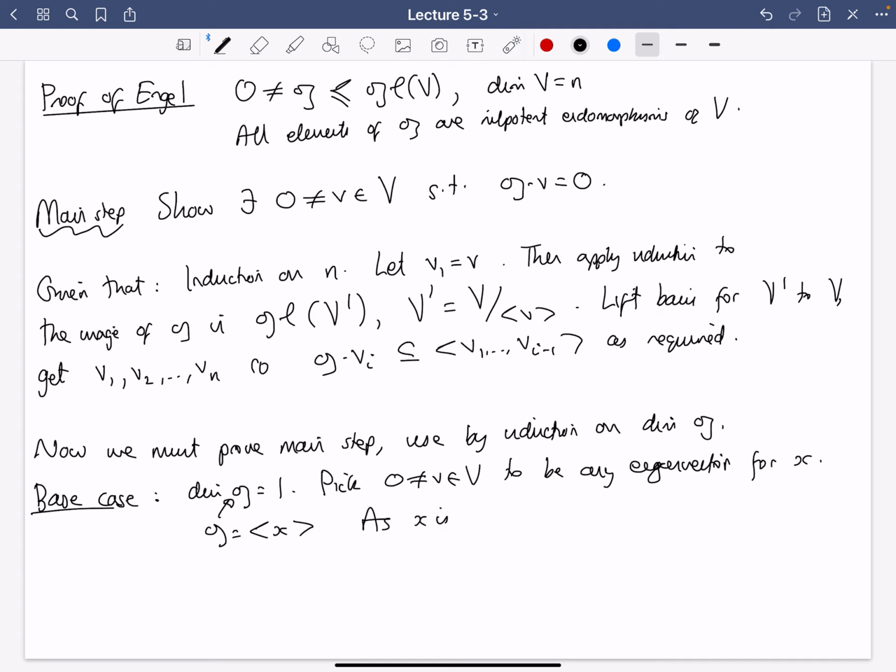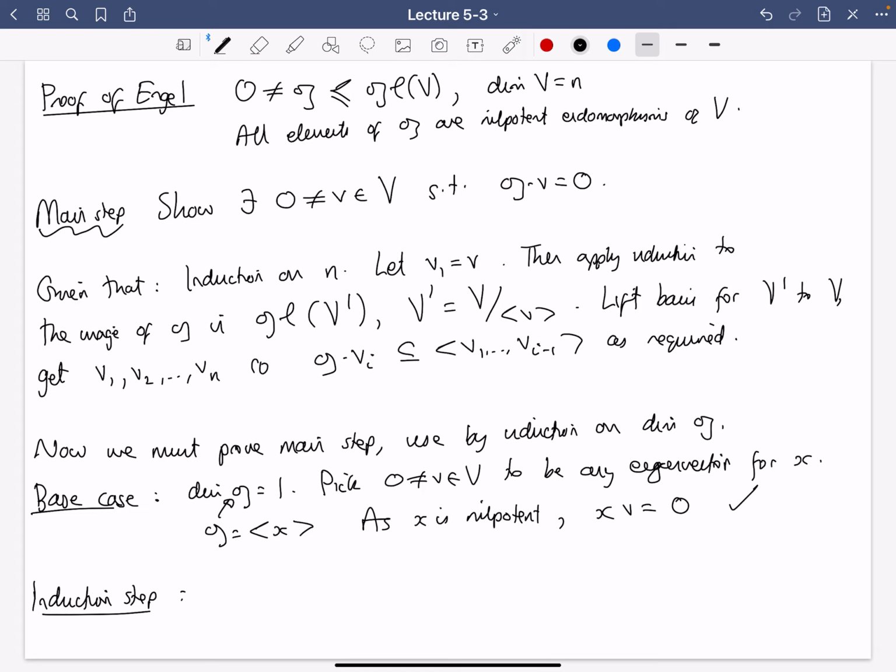As x is a nilpotent endomorphism of V by hypothesis, the eigenvalue is necessarily 0, so xv equals 0, and that does the job. Okay, and so then for the induction step, now we're assuming the dimension of G is bigger than 1.